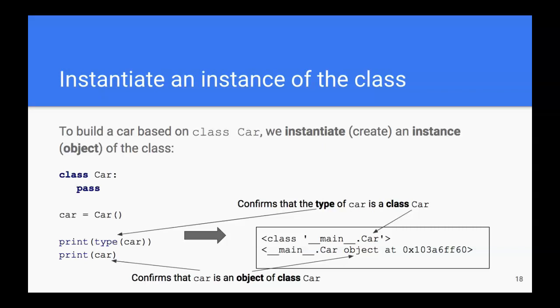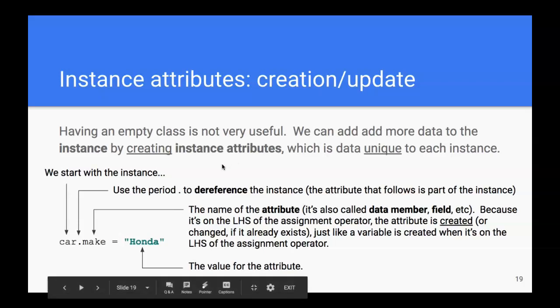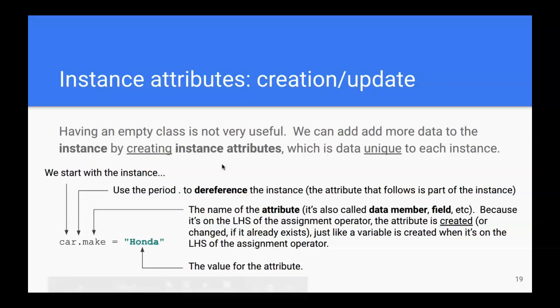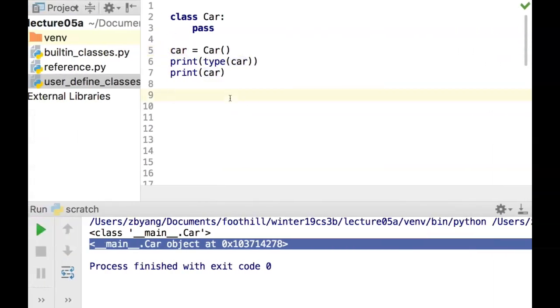Now, this blueprint is not very useful because it's got nothing, right? Like we said, what makes a car is all its attributes. So we can add more data to the instance we just created by using this particular syntax here. So I'm going to try to do that.